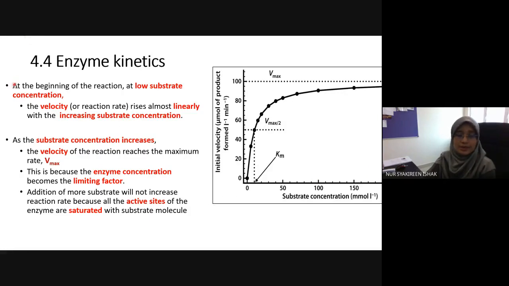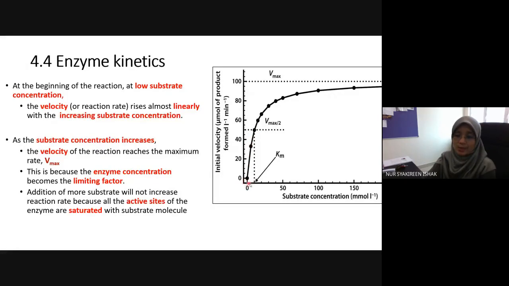It says here, at the beginning of the reaction, where you have a low amount of substrate, the velocity of the reaction, the rate of reaction, increases linearly. A high rate of reaction occurs, which increases linearly with increasing substrate concentration.